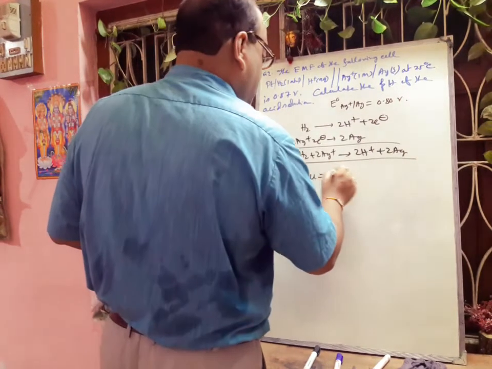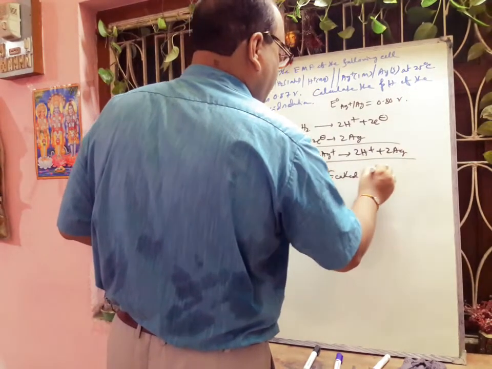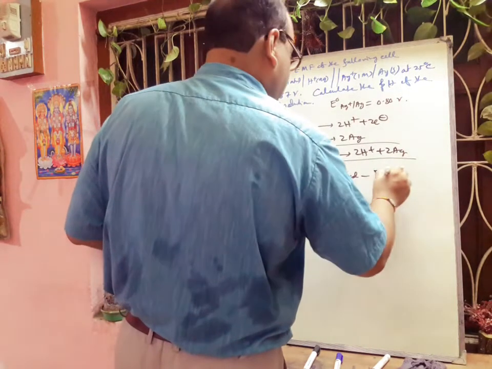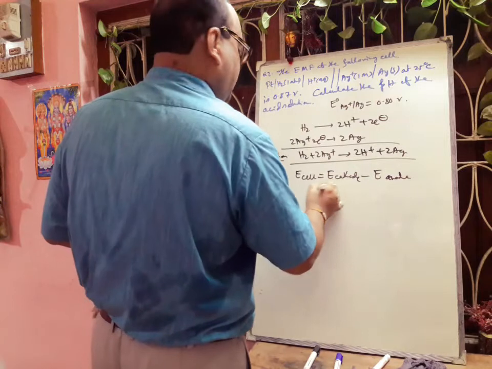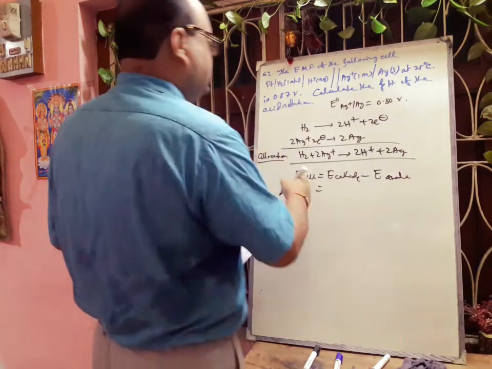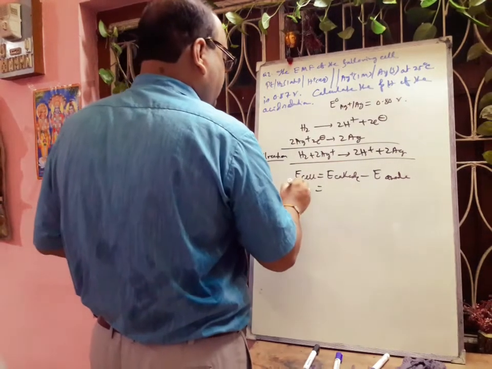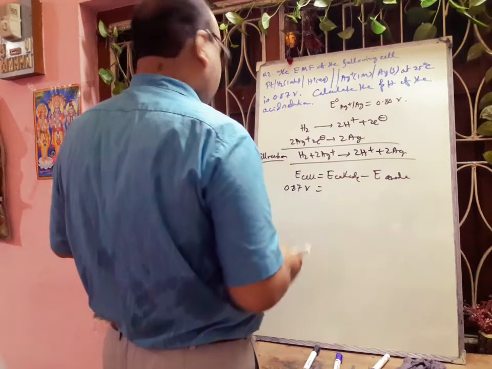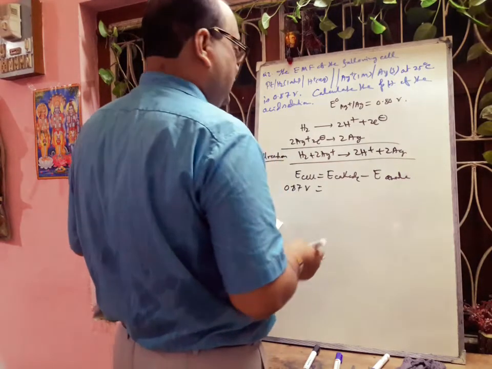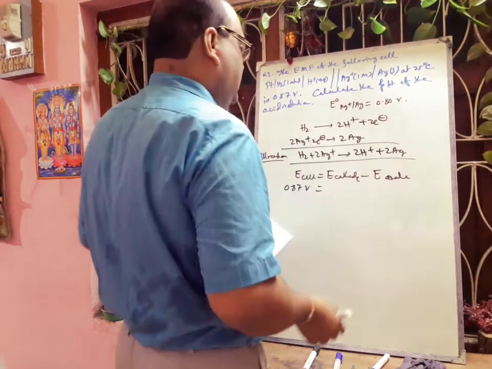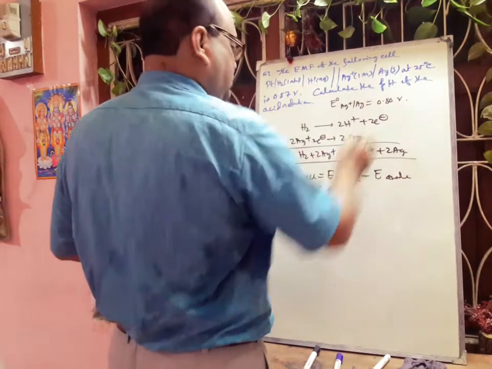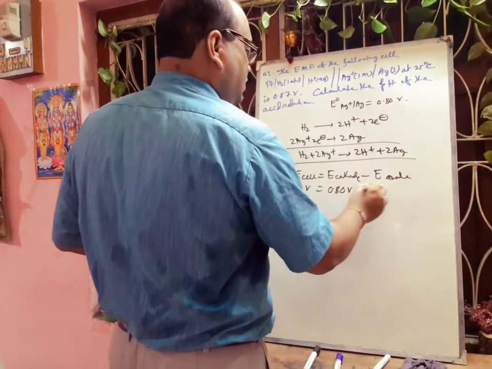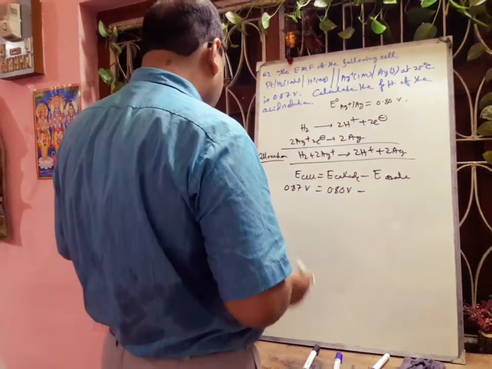E cathode minus E anode, that is E right minus E left. Here the E cell value is given as 0.87 volt, and E cathode is the silver electrode, whose value is 0.80 volt, and E anode is the hydrogen electrode.